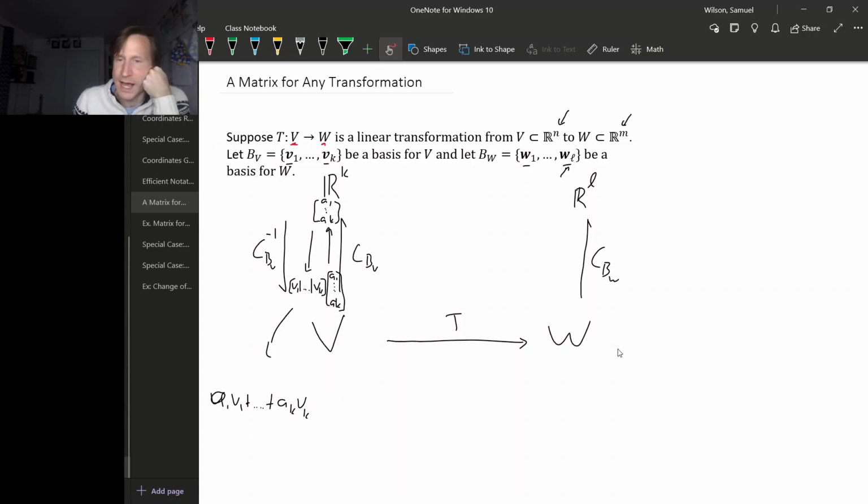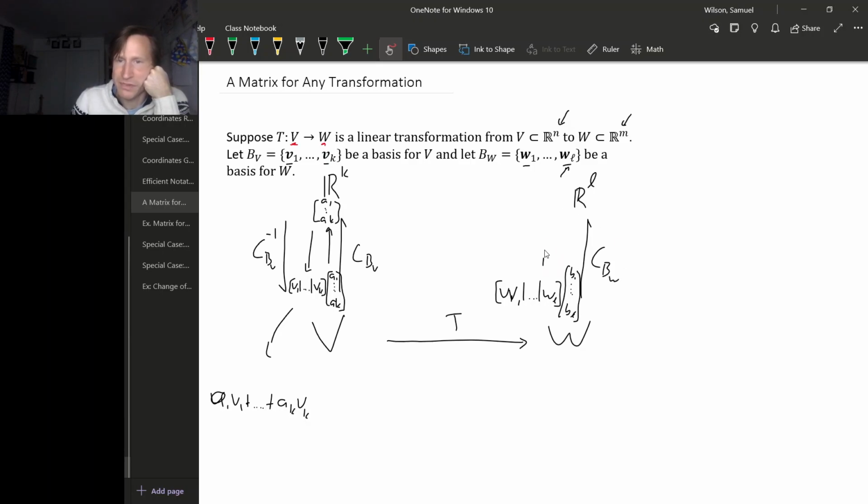Okay, and over on the W side, the coordinate transformation relative to the basis for W takes the W's, W1 through WL, times some vector of coefficients, let's call it B1 through BL.